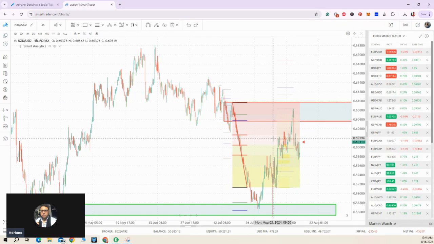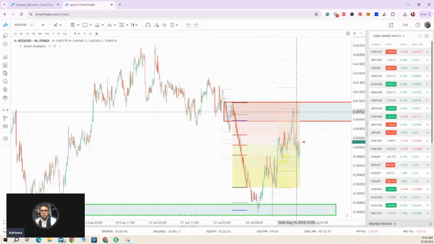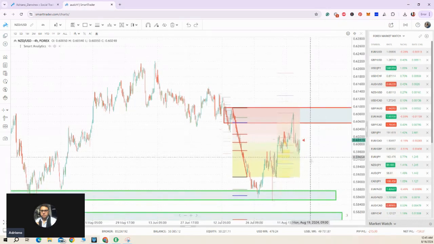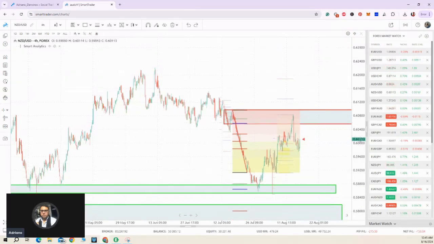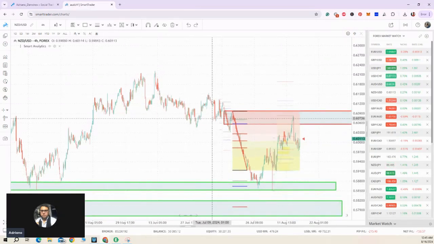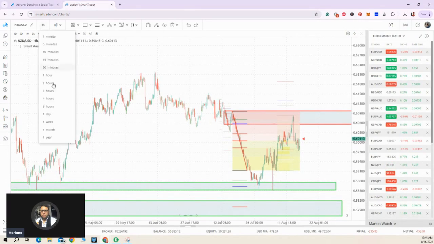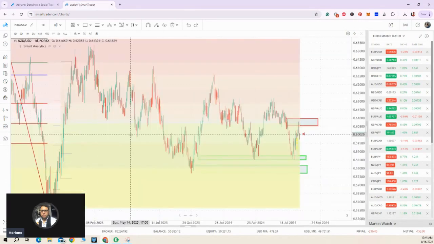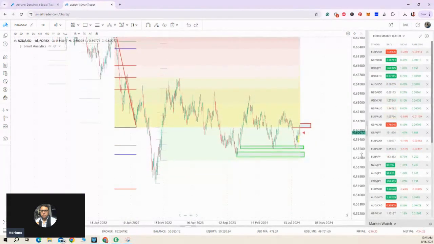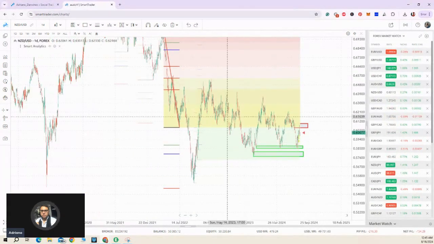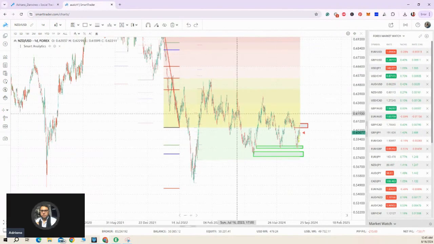The market already retraced. There is a chance that this market is gonna come back all the way down here. If you take a look at the daily time frame, it might give you some different thoughts, but the daily is a downtrend as well.